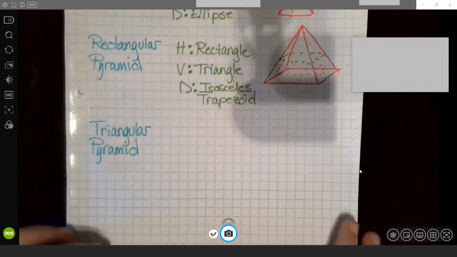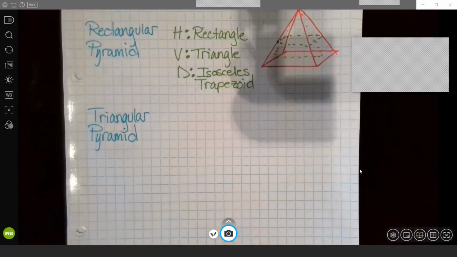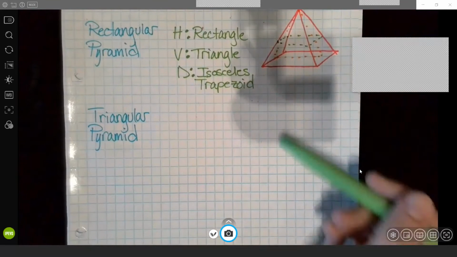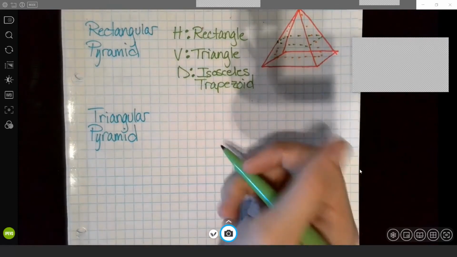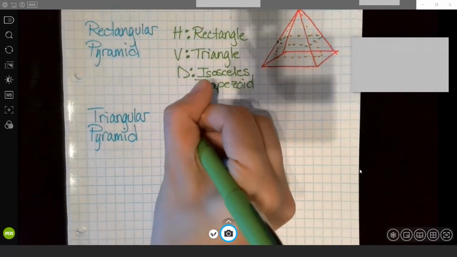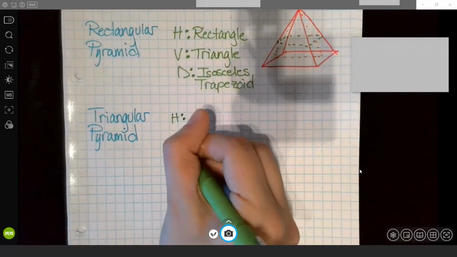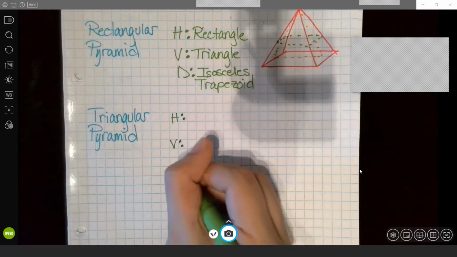Let's give a try to the triangular pyramid. This will be the last one where we draw first before we make our decision on what the cross sections look like. And then we're going to start making our assumptions and backing them up using our tool. First things first, set up your list with horizontal, vertical, and diagonal.